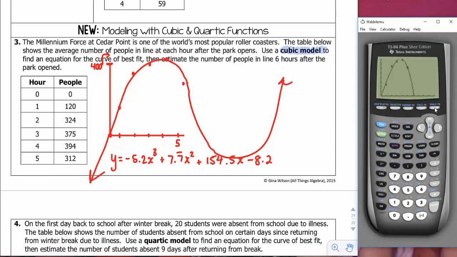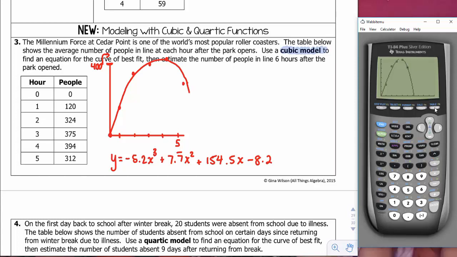Obviously, it's not going to shoot up forever, but that's okay because it fits in the domain that we have, and that's what really matters. We don't want to go out to 500 hours, but the park wouldn't be open for 500 hours either. So within the realm of what we're looking at, this data fits very well.